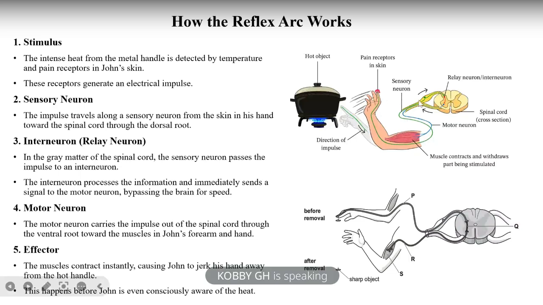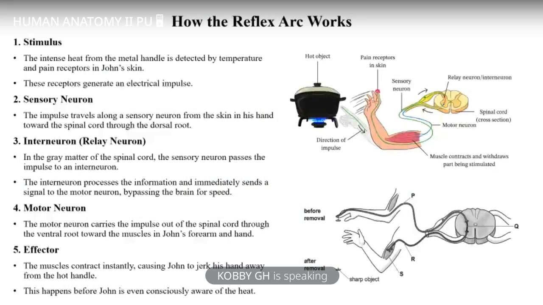The sensory neuron takes it to the spinal cord, relays it to the relay neuron. The relay neuron relays the information to the motor neuron. The motor neuron sends information to the muscle or the effector so that an action will be taken. Either the muscle will contract to pull your hands away, or your legs away, or that part of your body involved in the danger away. Okay, so that is what you call reflex action.